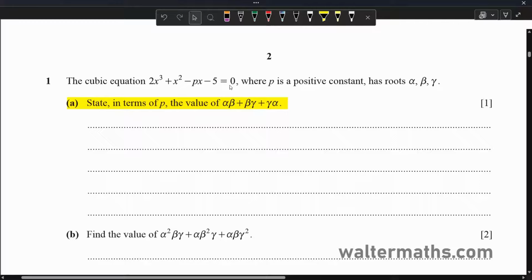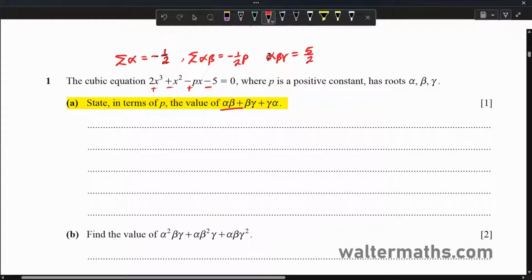So for this equation that we have been given originally, the sum of its roots, with the sign change, must be minus a half. The sum of product of pairs is minus p over 2, or minus a half p, and the product of roots, alpha beta gamma, is minus of minus 5, so that's just 5 over 2.